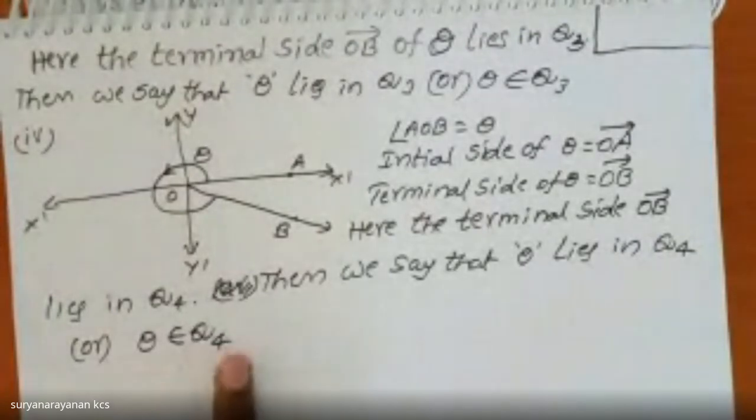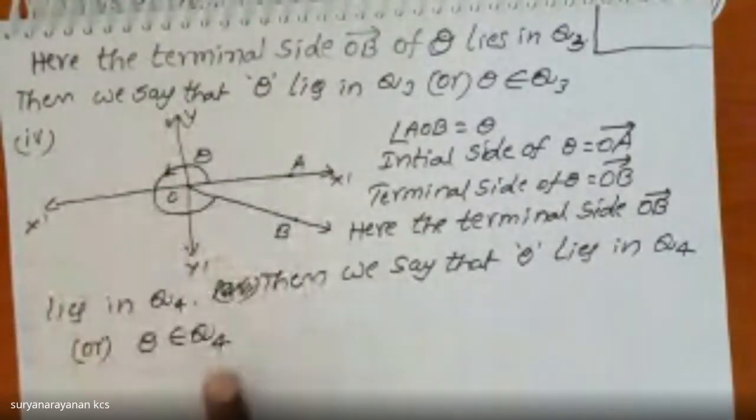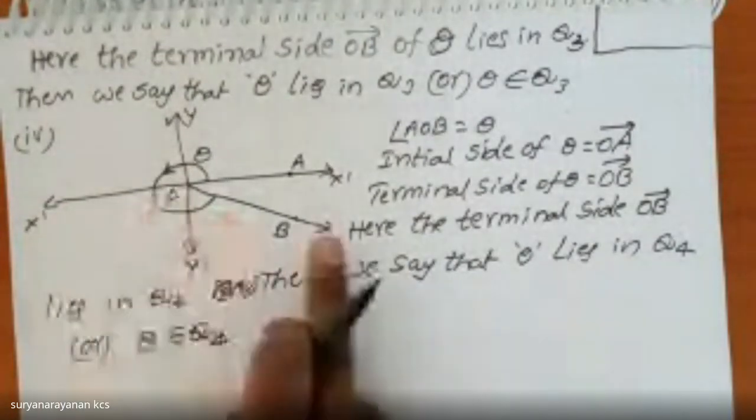If you get this notation in this chapter, trigonometric functions, immediately you have to draw a rough diagram. Theta belongs to Q4 means the terminal side of the angle theta lies in the fourth quadrant.